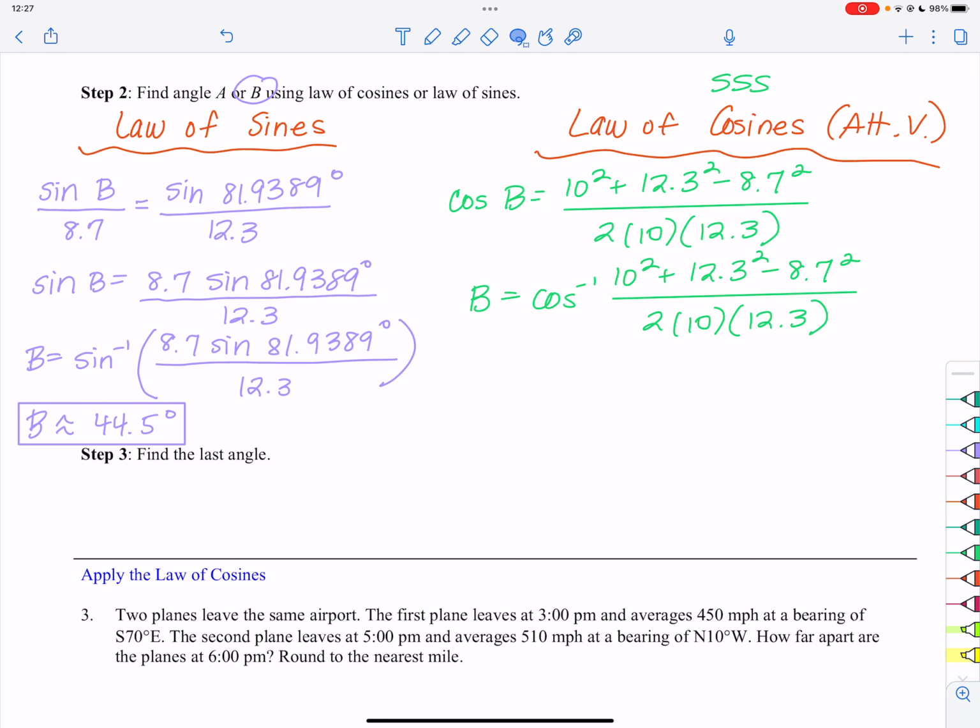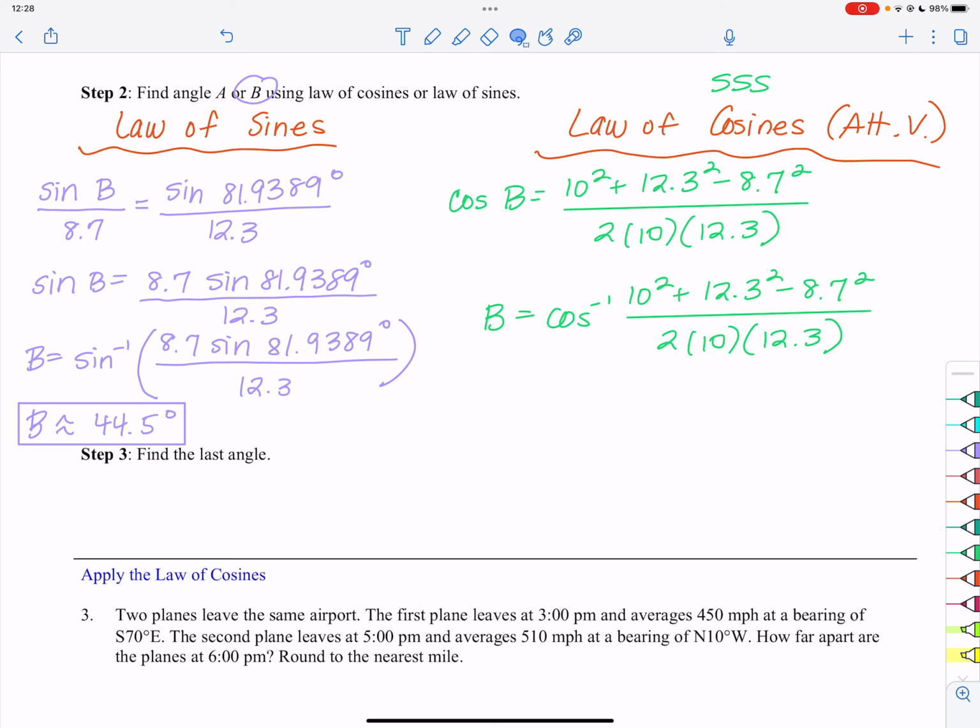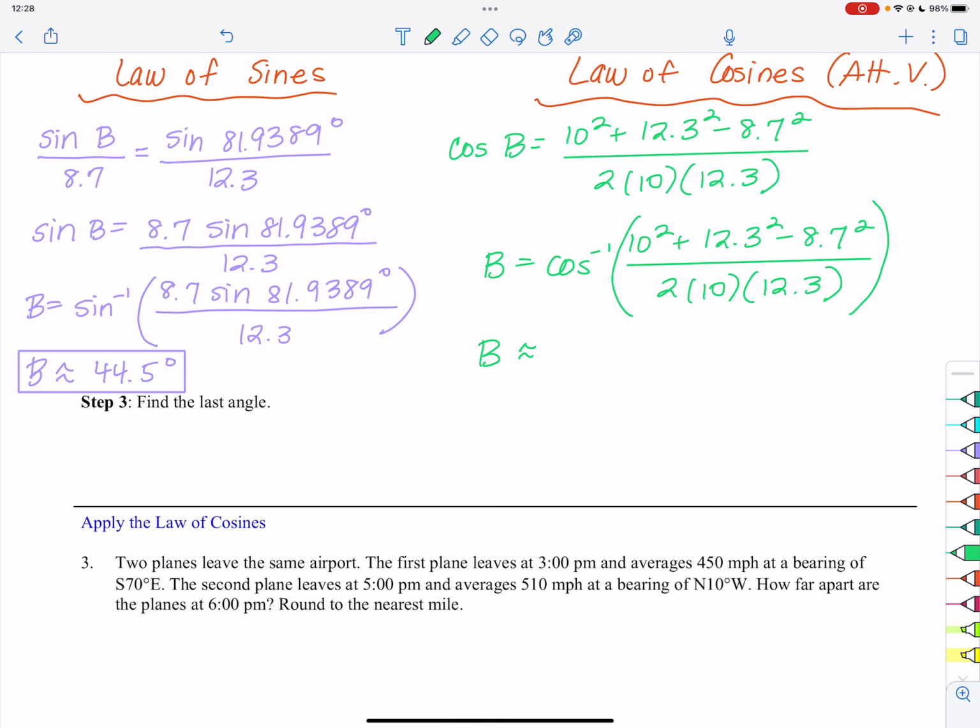There we go. And so we have that B is approximately equal to, again, 44.5 degrees.